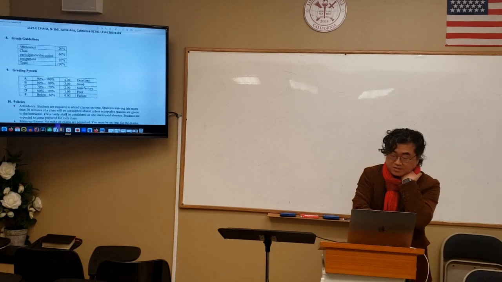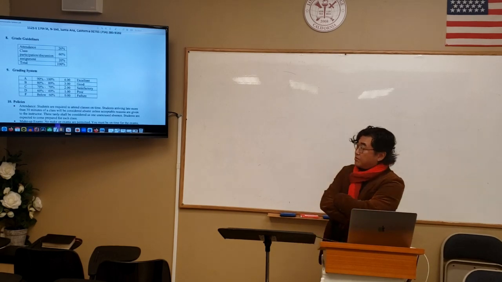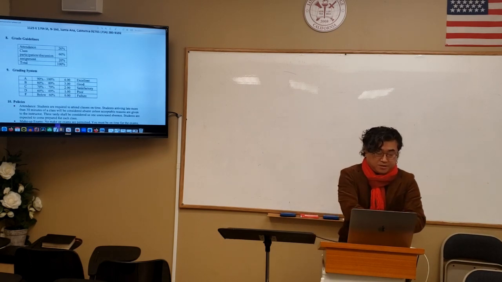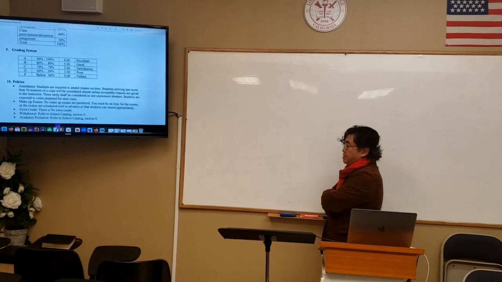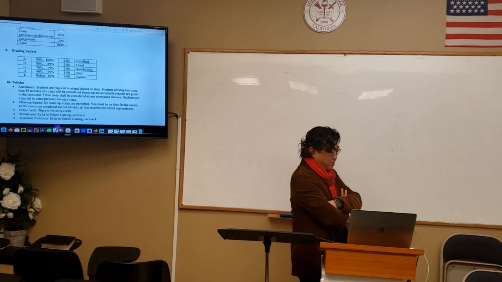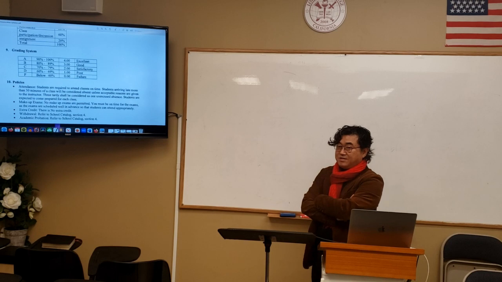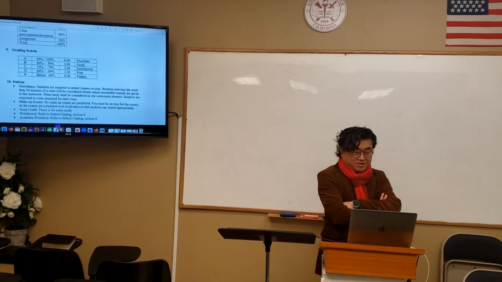And then also attendance. Then the last one is assignment. And then the grading system is A, B, C, D, F. F means fail. You have to take the class again once you have an F grade.